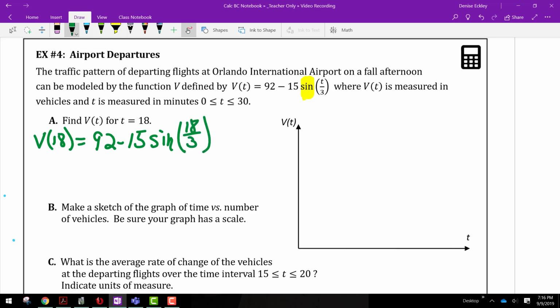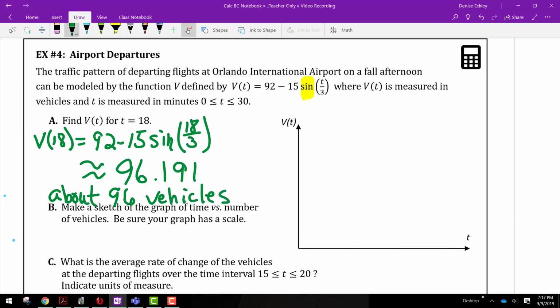And when you do that, you just substitute that in your calculator. You just want to make sure it's in radians, and I'll show you that in a second. You get approximately 96.191. So this relates to about 96 vehicles. Okay, because we're talking about vehicles, so we have to round it.